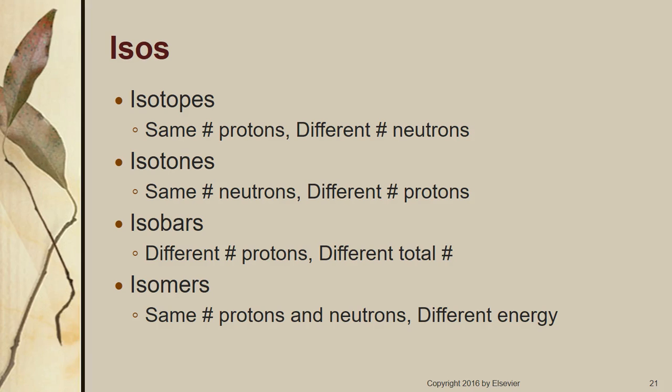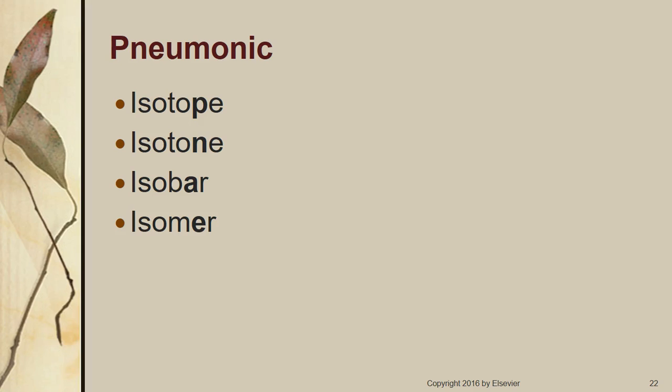So here's your little mnemonic to keep those apart. Look at this one, an isotope. The P is highlighted right there. That means whatever you see highlighted is what is different. So the second to the last letter is the characteristic that stays the same.